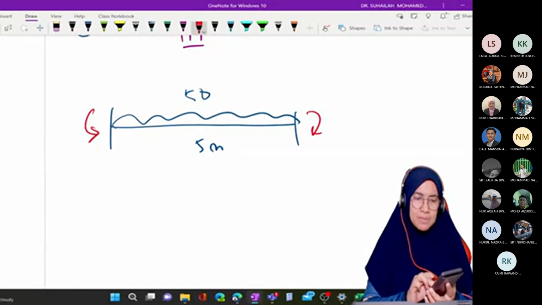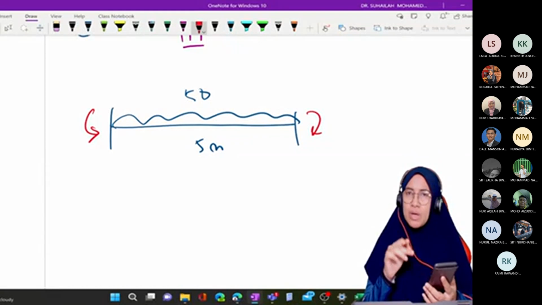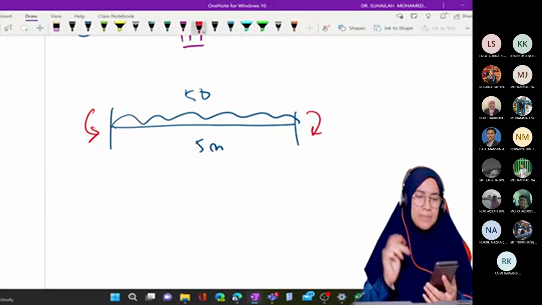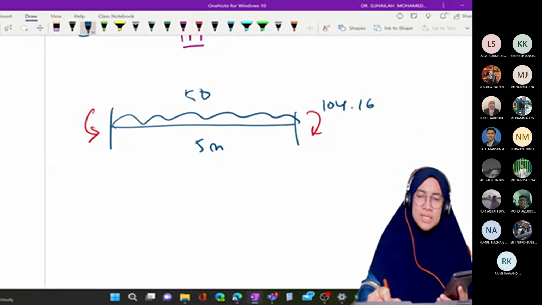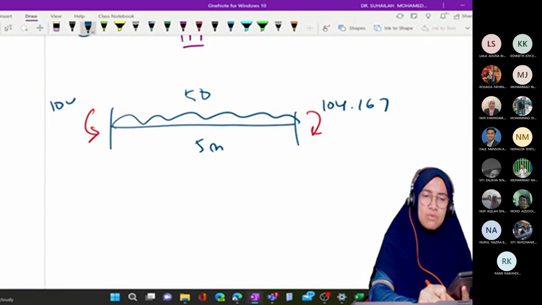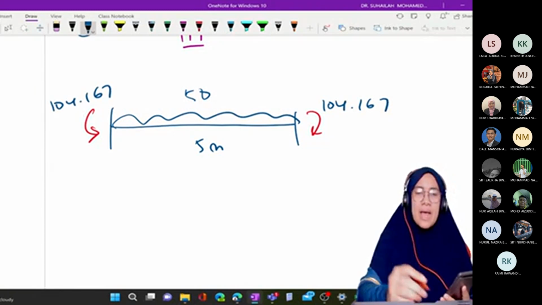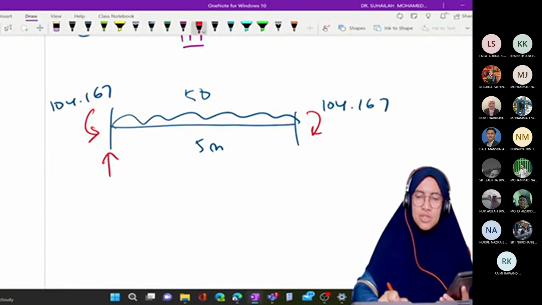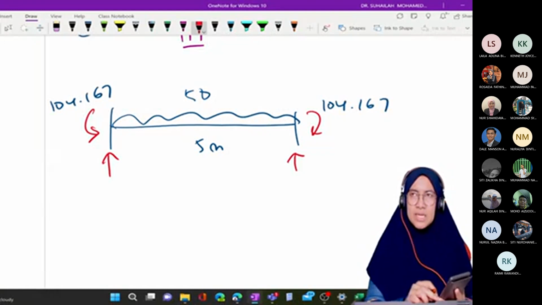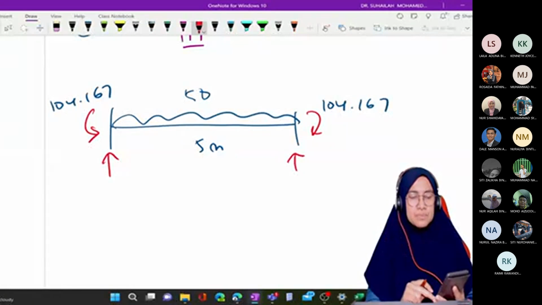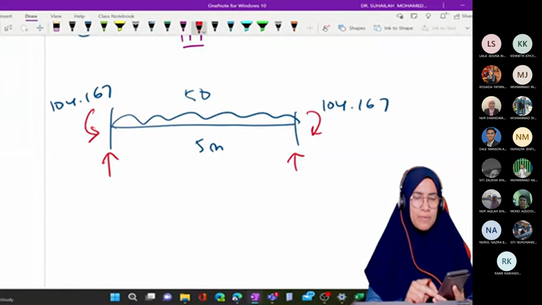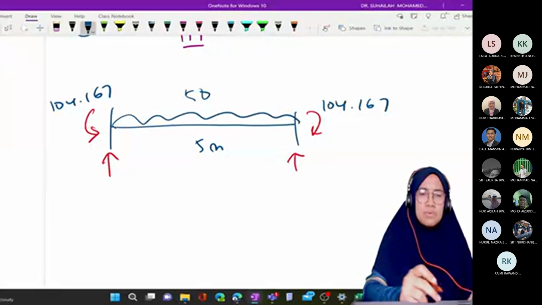It is 50 times 5 squared over 12. So we get 104.167. And for the vertical reaction, it is WL over 2. It is 125, right? 125.